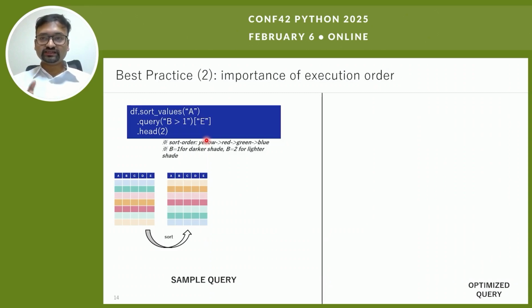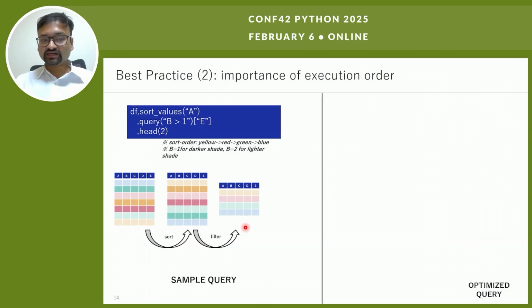If I sort the data with this color code, I will have the sorted result from yellow, red, green, and blue. Let's consider B equals 1 for the darker shade and B equals 2 for the lighter shade. So if I filter, I will only have the lighter shaded part. Then I will select only the E column and find the top two.